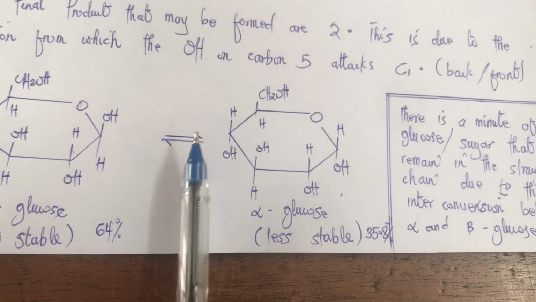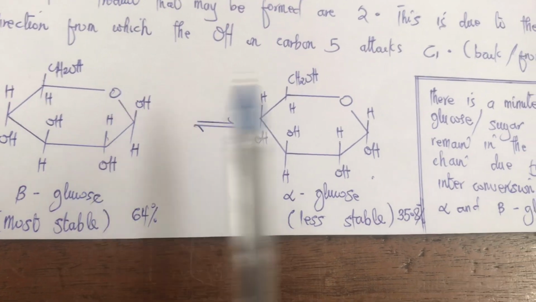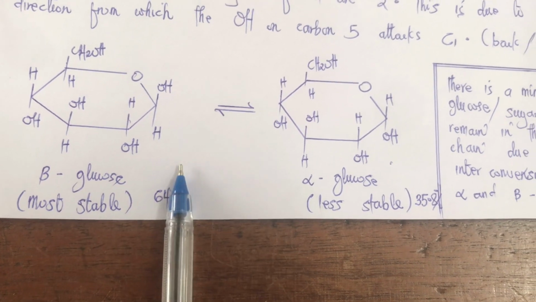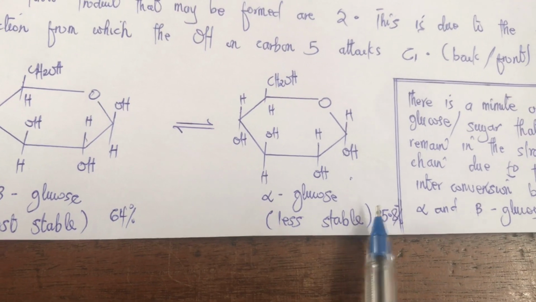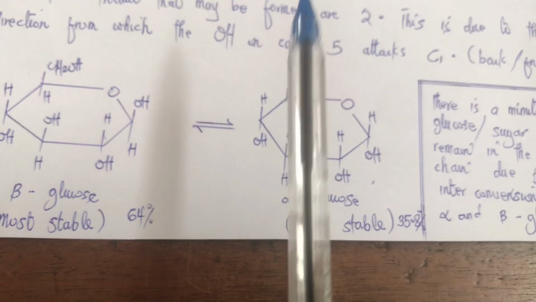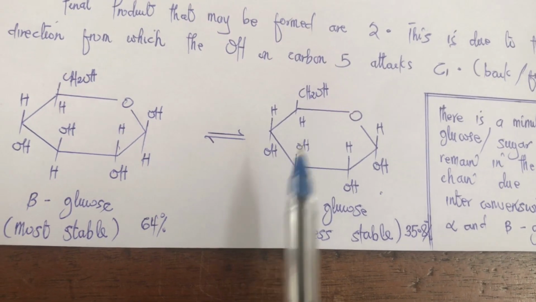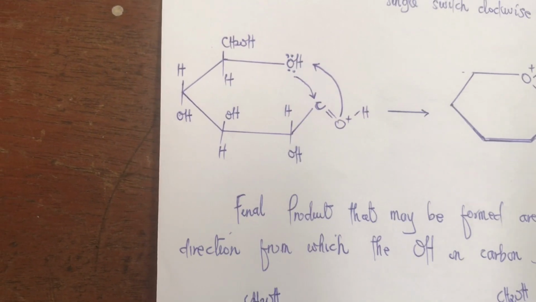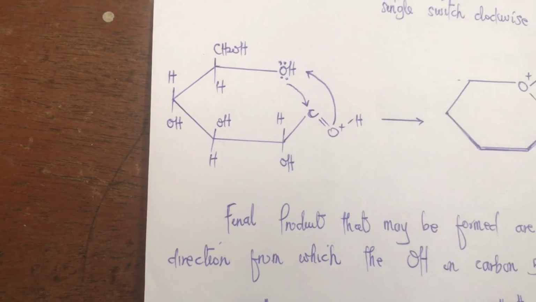The straight chain before it moves to the what? To the beta. So at the end of the day, if you are having 64% stable for beta glucose, you are going to get, let's say, 35.8, where you are going to get a minute percentage being in your straight chain. Okay, so this is all about the formation of the sugar in their cyclic form.